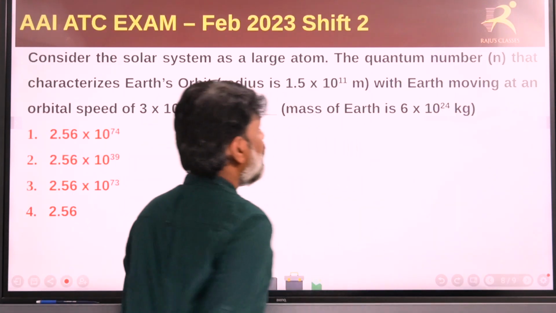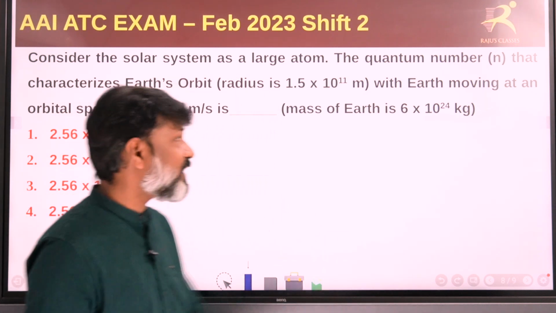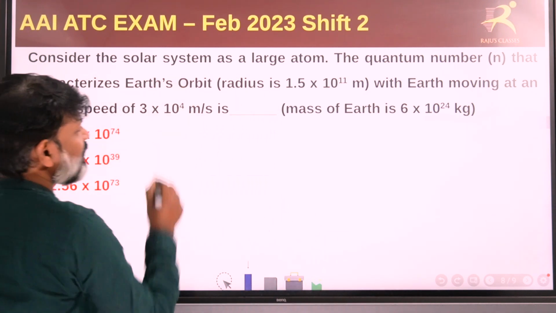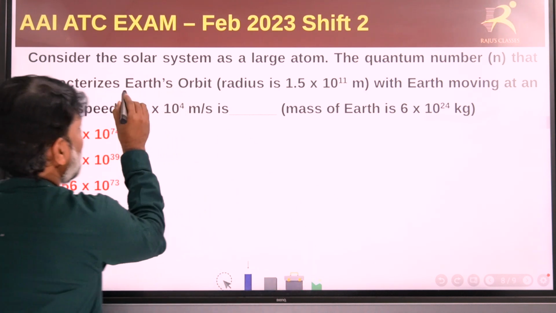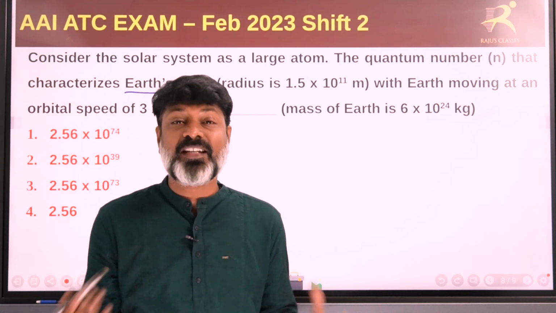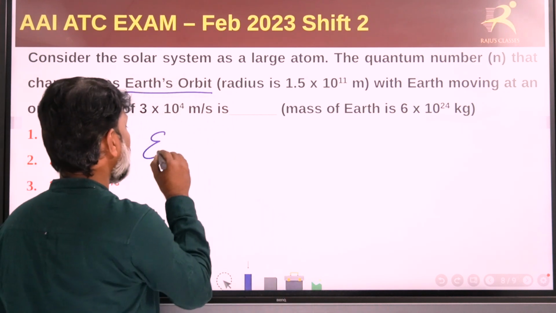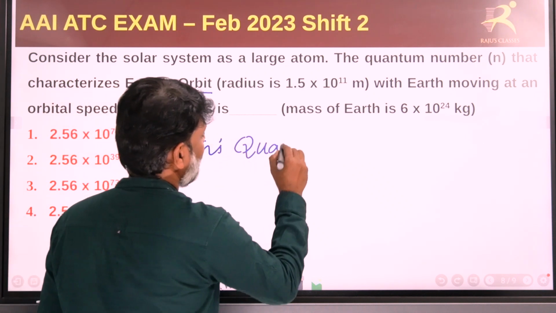If you see the question paper from February 2023 shift 2, the question is something like this: consider the solar system as a large atom, find the quantum number n that characterizes Earth's orbit. So in this question, we are going to find out the quantum number for Earth.